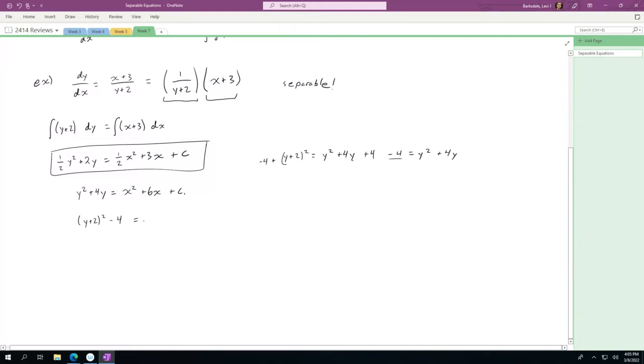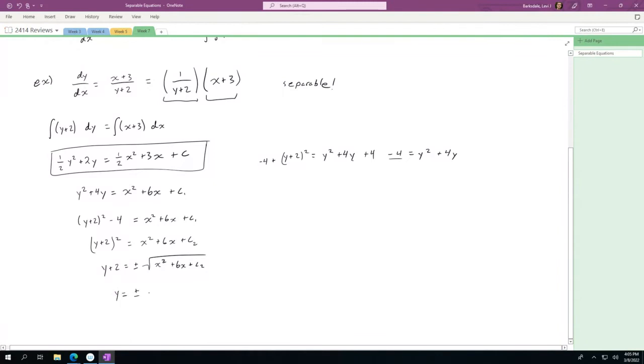So I have y plus 2 squared minus 4 is equal to x squared plus 6x plus c1, which means that y plus 2 squared is equal to x squared plus 6x plus just a different constant, which means that y plus 2 is equal to the square root. Theoretically, it would be the positive or negative version of x squared plus 6x plus c2.